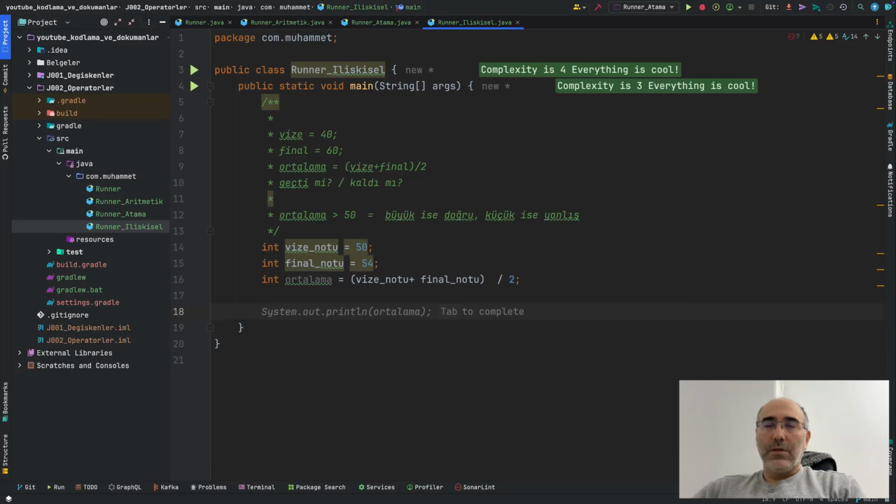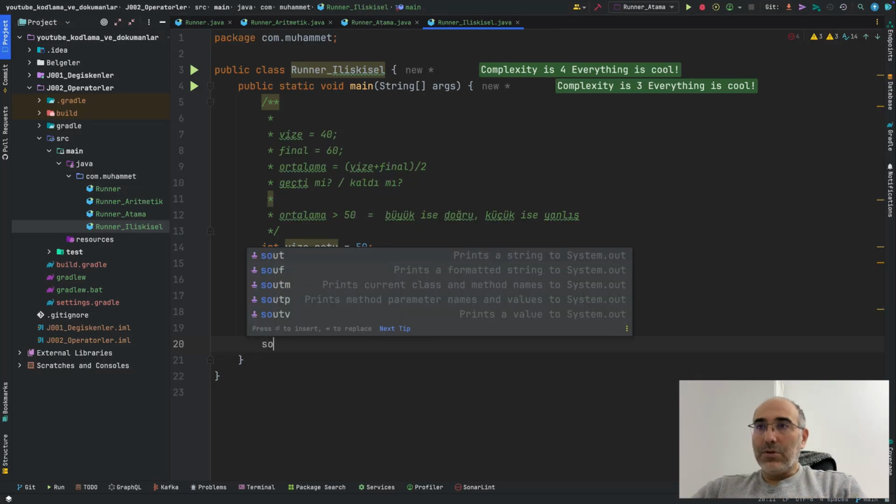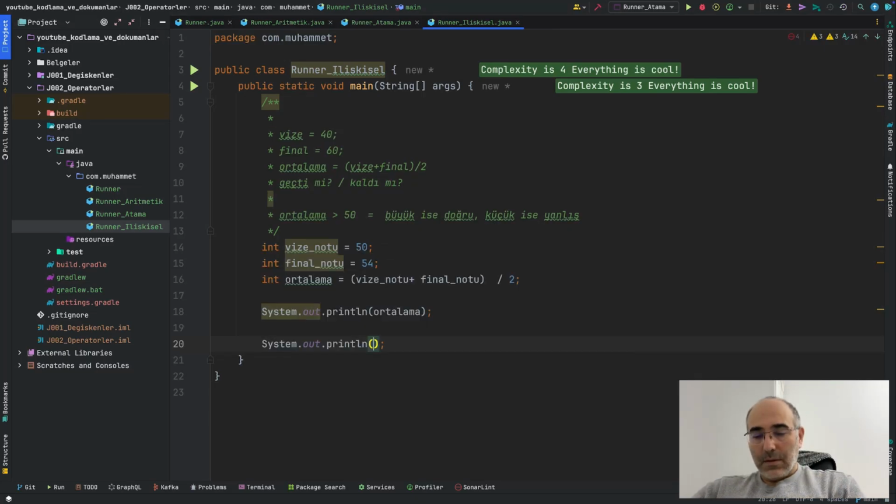So, what will the situation be now? We will analyze the average according to a certain value. Then, let's print the average on the screen first. Let's see what it comes out as. Then here I say, I'm going to ask if the average is greater than this. Let's check right here.